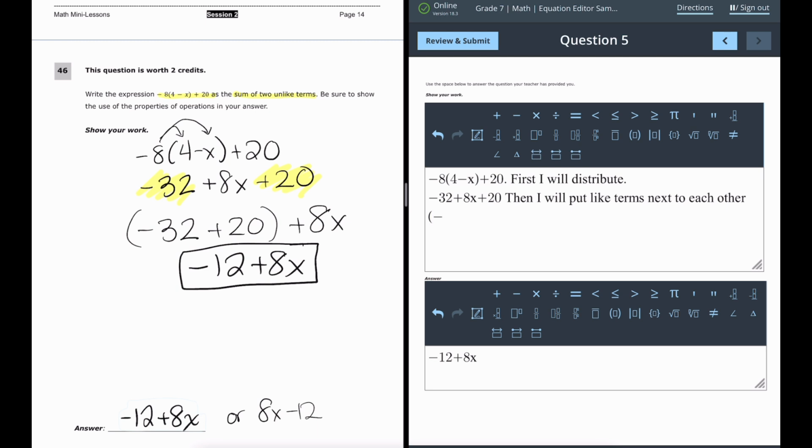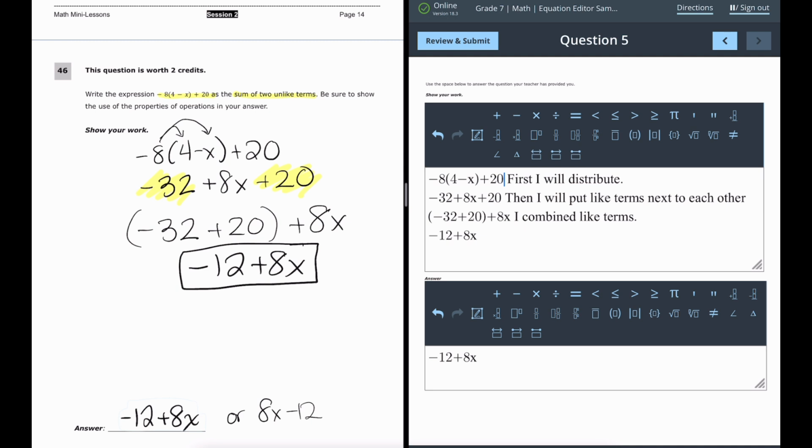So negative 32 plus 20 plus 8x. Okay? And this is how I got negative 12 plus 8x. And all I did was combine like terms. Done.